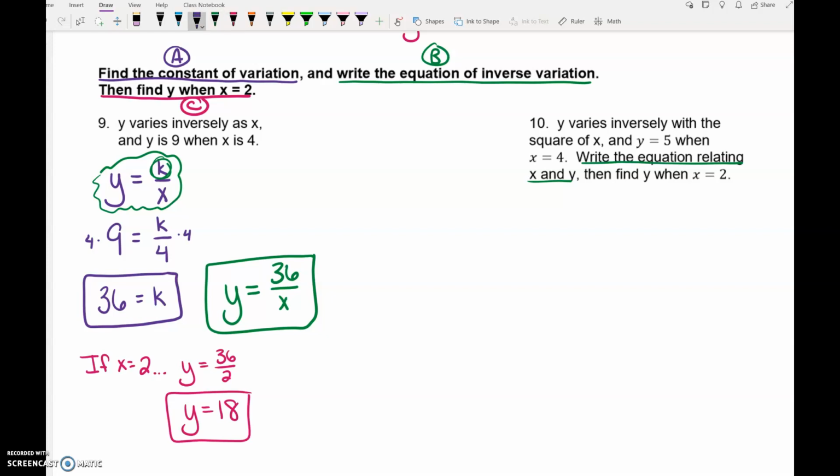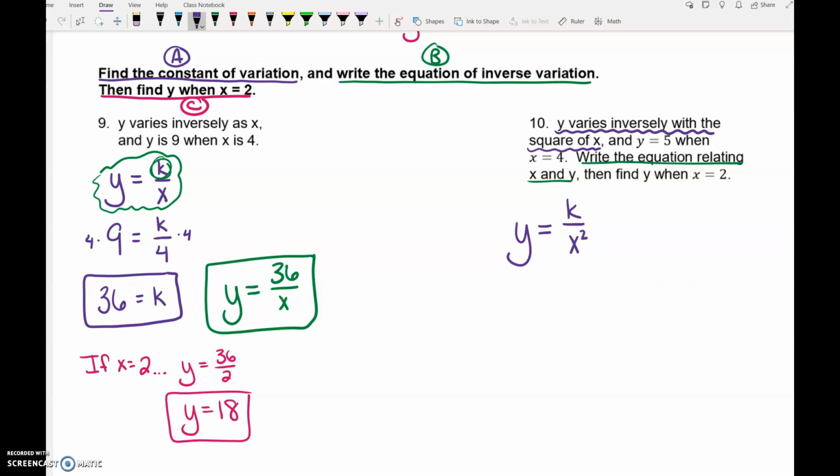Number 10, I'm going to throw you for a little bit of a loop. It says y varies inversely with the square of x. Inverse variation is k divided by x. Y equals k divided by x. But this time they're saying y varies inversely with the square of x. That just means you stick a little squared on your x.